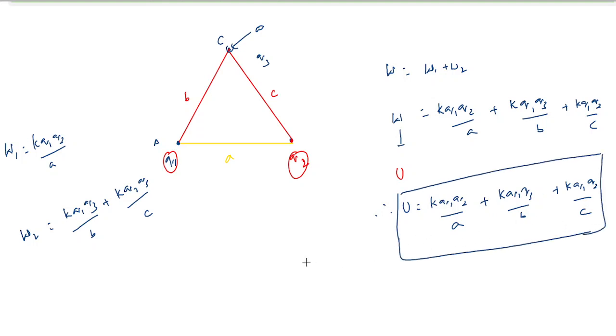Now keep in mind that whenever we want to find a system's potential energy, we find all the possible pairs. We can summarize this in the form of a formula: U is equal to the summation of Qi Qj by Rij, where i is not equal to j.